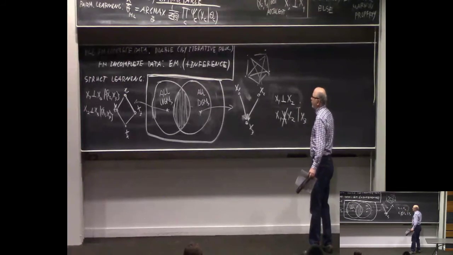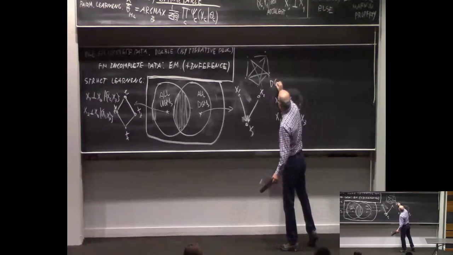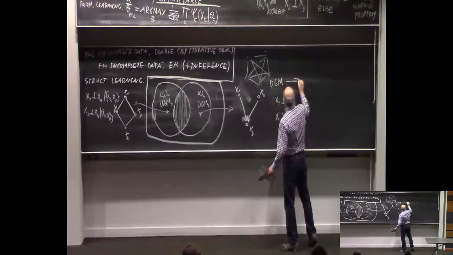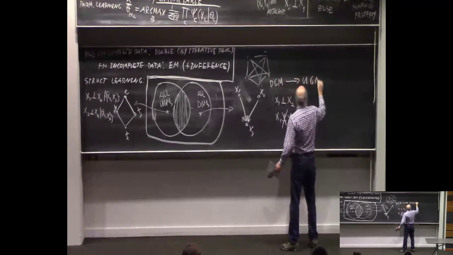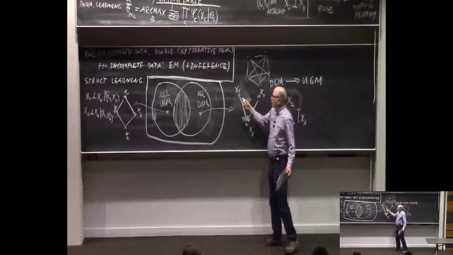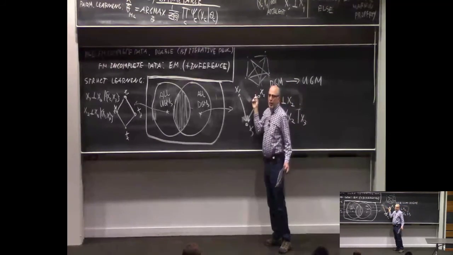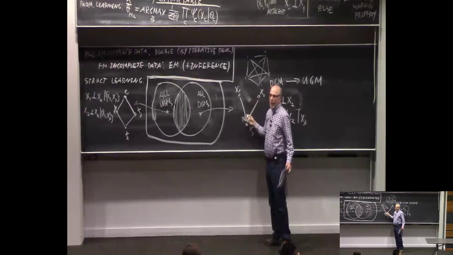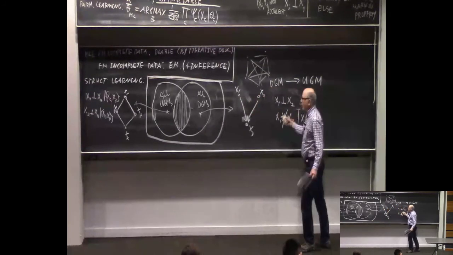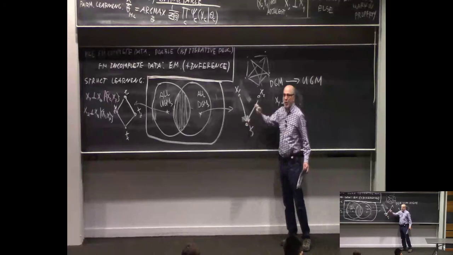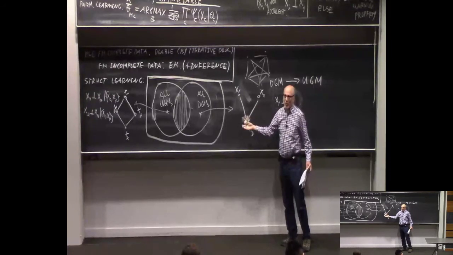Okay, when you try to move from a DGM to a UGM, you have to pay special attention to parents of a single child, of the same child, so multiple causes of the same effect that are not connected. Because of the problem we have here, once you remove the arrows, the meaning is reversed.